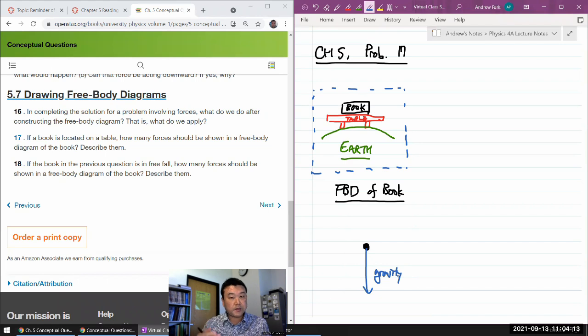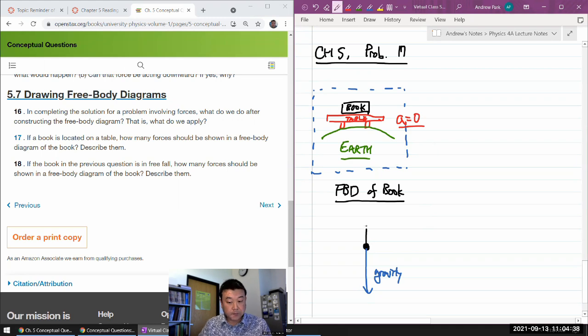And drawing gravity allows me to ask this question: did I draw all the forces necessary for this setup? And for this setup, one thing I do know is that acceleration is zero. So if gravity is the only force, that doesn't work; I must have another force on the book that's going to be balancing out the pull of gravity down.